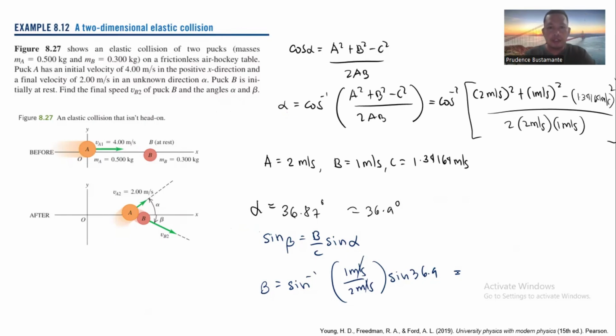Okay, I must have missed something. This is, by the way, B and C. Okay, sorry. This is B, 1 meter per second, and the value of C is, let's make this long, 1.34164 meters per second.